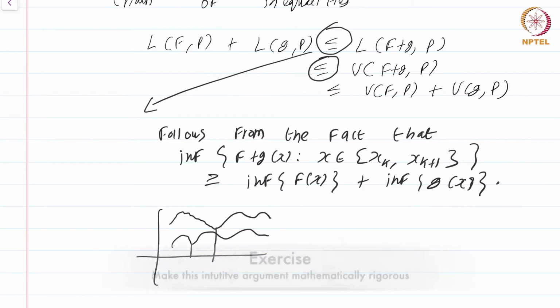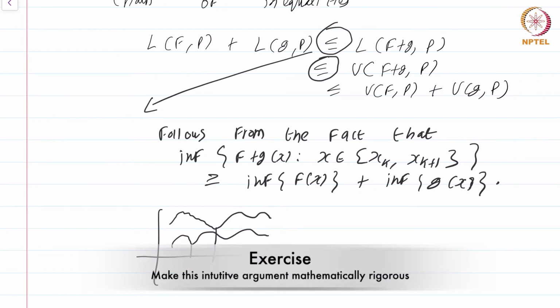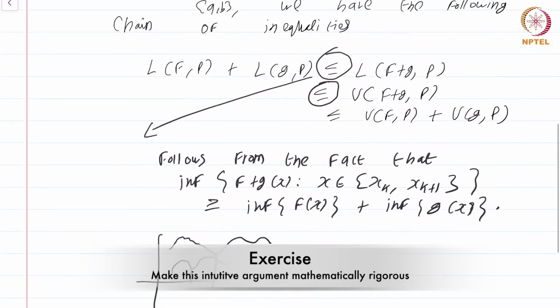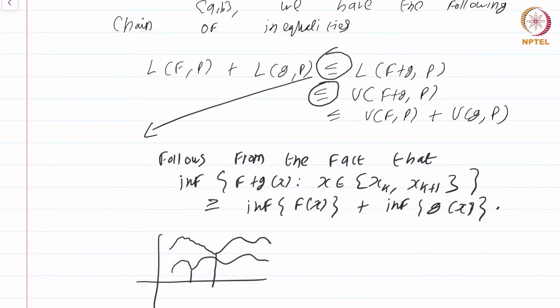Unless they coincide, it will not happen that the infimum of f plus g is equal to the infimum of f plus the infimum of g. So because of this, when you take the lower sum on each subinterval [x_k, x_{k+1}], the terms coming here will dominate the sum of the corresponding two terms. So because of this, this first inequality is true.